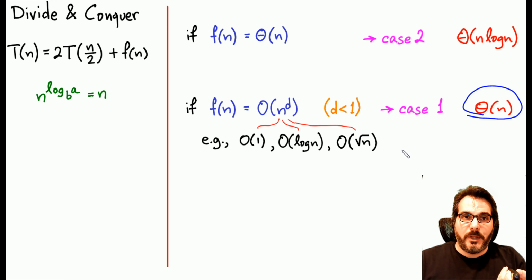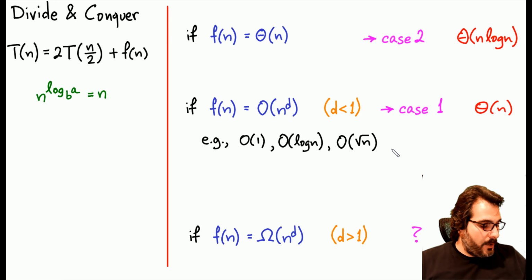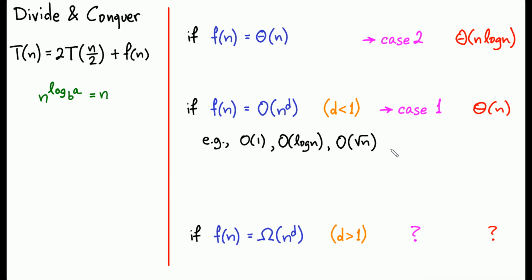because leaves are dominating. And for this one, let me remove myself again. f of n is a lower bound, like omega notation of n to the power of d, and d is greater than 1, meaning that we know that the root is at least omega n, which takes more than n, so it will dominate the number of leaves.